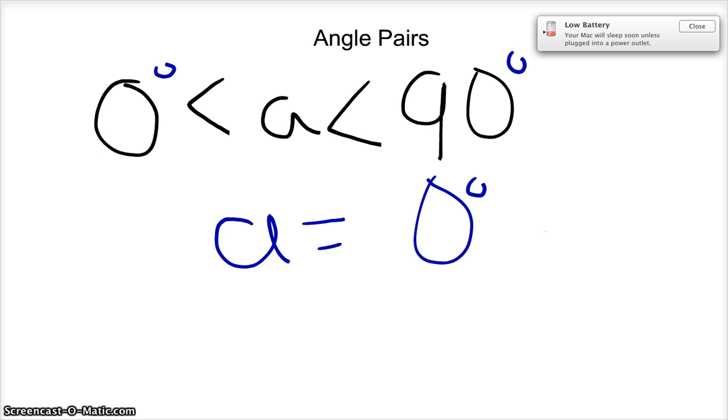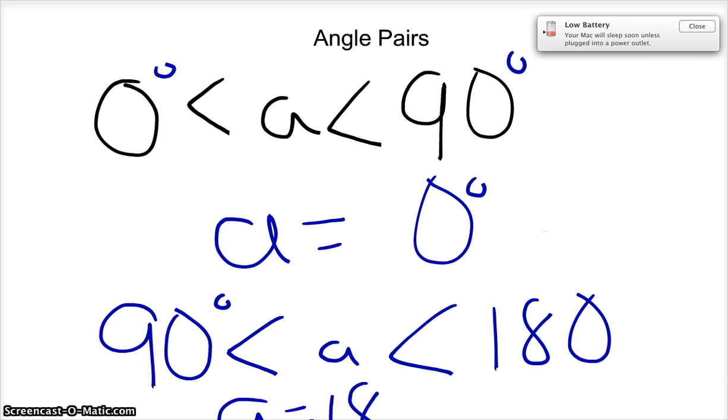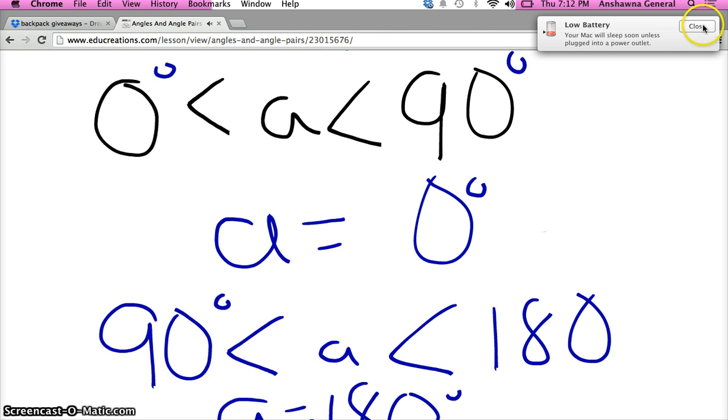The angle measure can be bigger than 90, but smaller than 180. And then the last one we have is a straight angle. Straight means A has to equal 180 degrees.